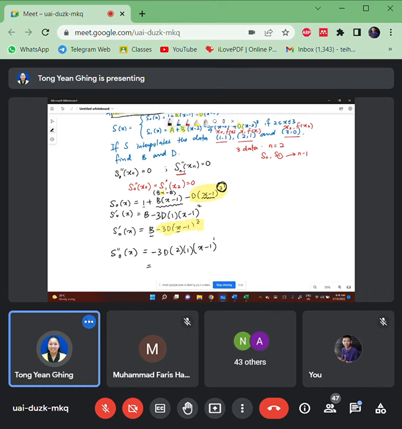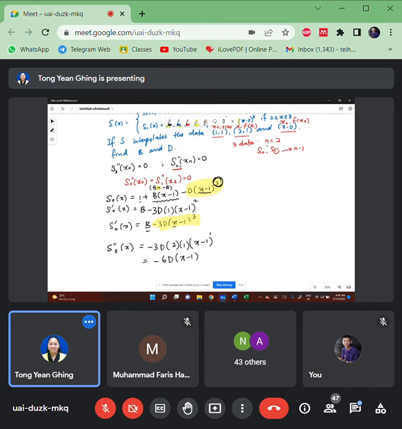So that means we have negative 6D, x minus 1. If I'm wrong, let me know. Alif Ashraf, betul tak? Ini correct or not?